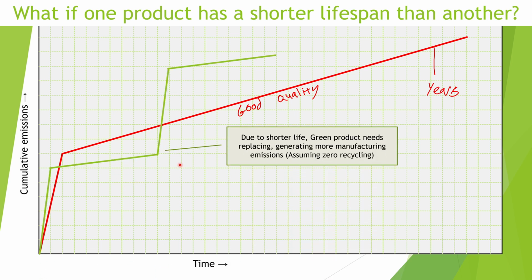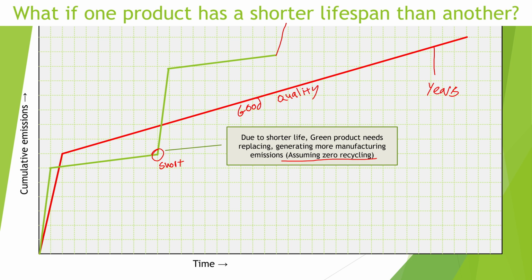Now, if we were to put a green product up there like this, we might find that the green product has a short lifespan, and in that case you're going to need to replace that green product whilst the red product would still be in service. So assuming that there's no recycling going on, every time that you replace that green product, you're going to increase your emissions. And in that case, it's basically never going to be worth replacing the red product, at least not until it's totally life expired.